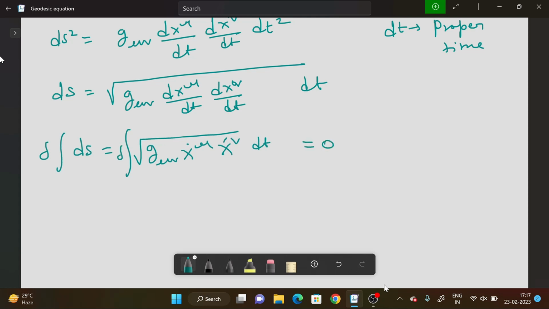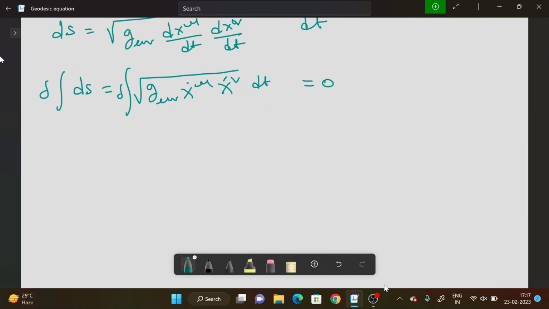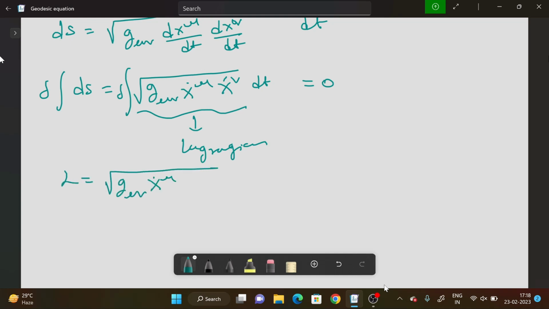Well, this is just Hamilton's principle. So if this is Hamilton's principle, then this thing over here must be the Lagrangian. Our Lagrangian is given by the square root of g mu nu x dot mu x dot nu.